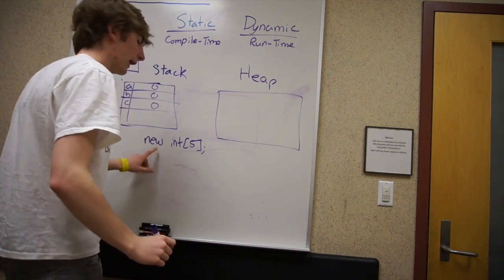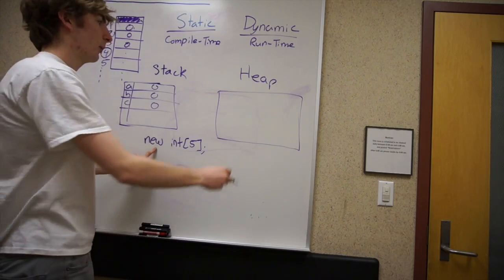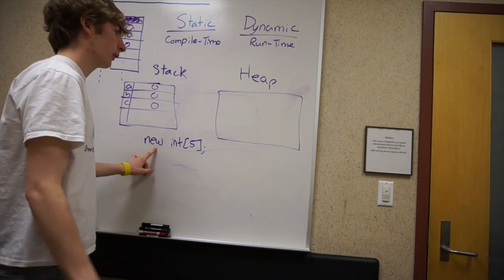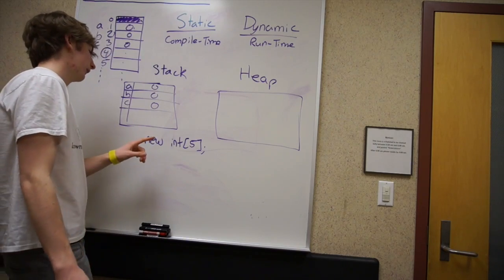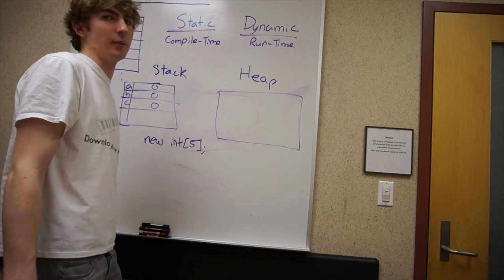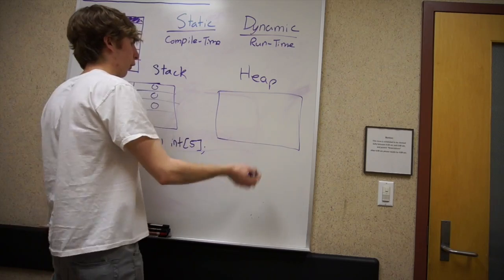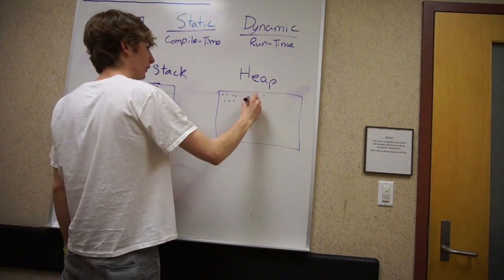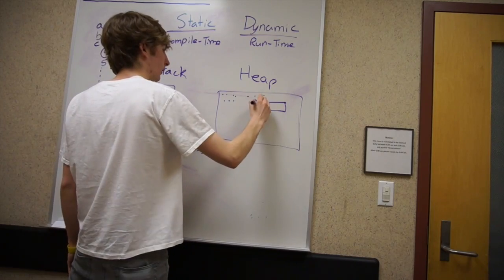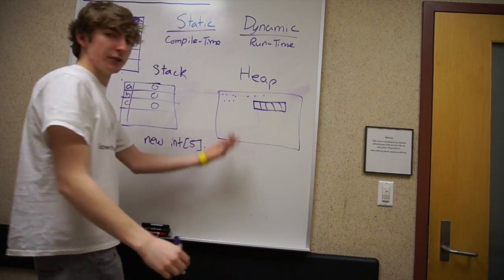What this does is it will allocate memory in the heap. That just tells the operating system, hey, I want space for 5 integers. Give it to me, please, now. And so the computer says, okay, this is used up, and you can have, here, take this one. So here's space for 5 integers.